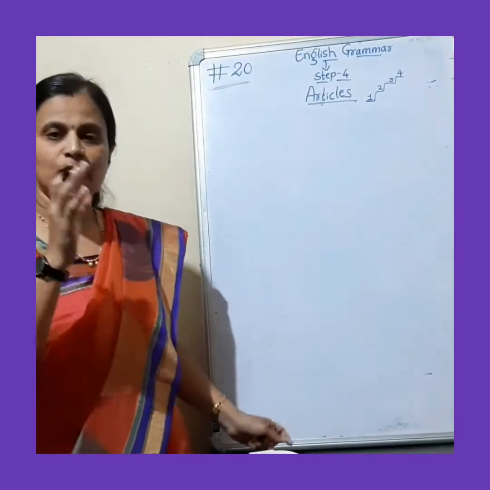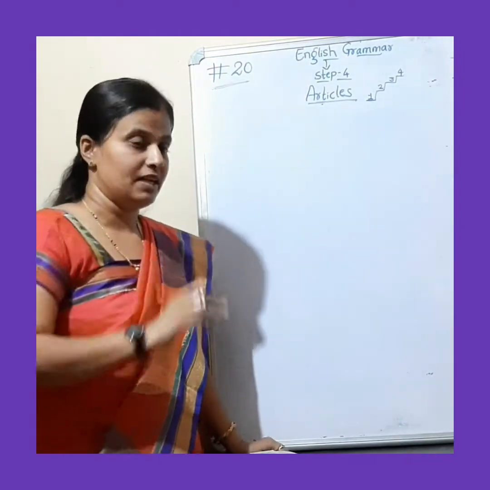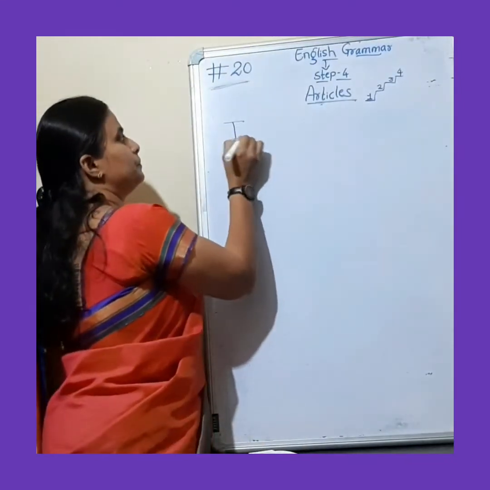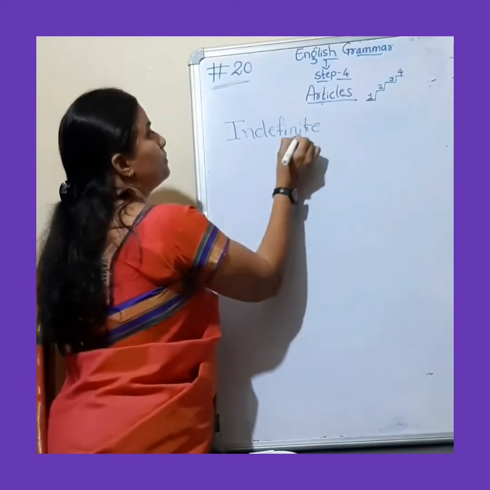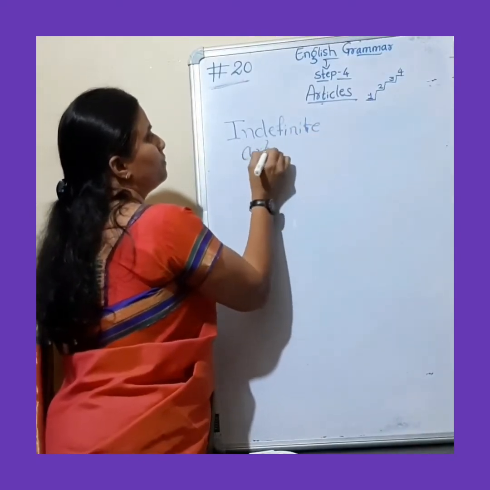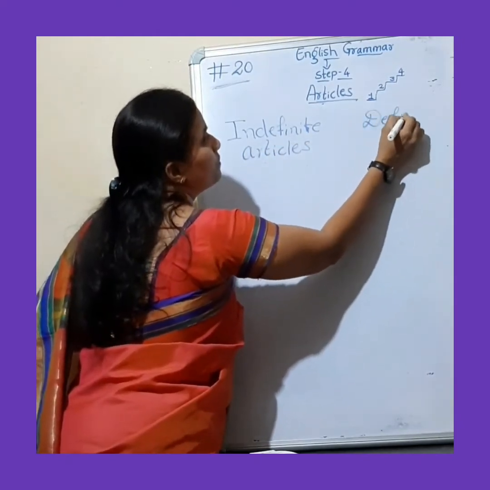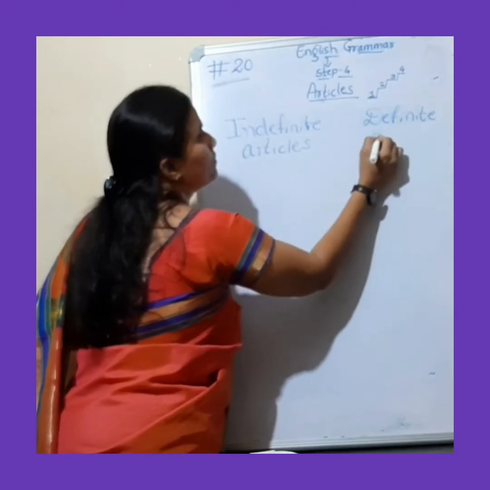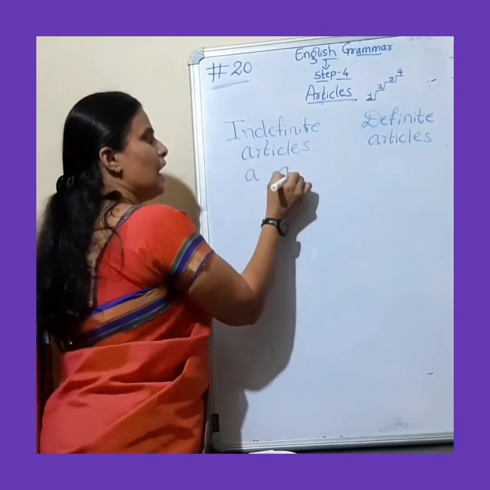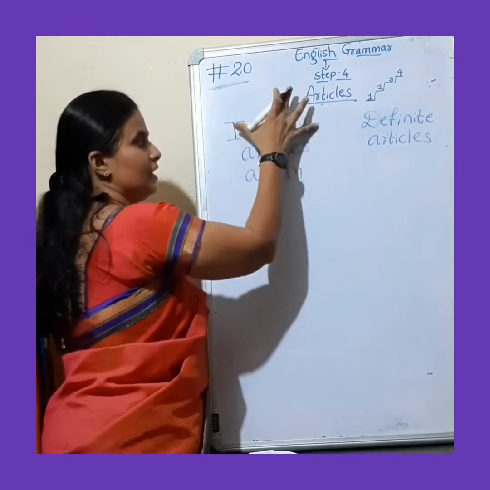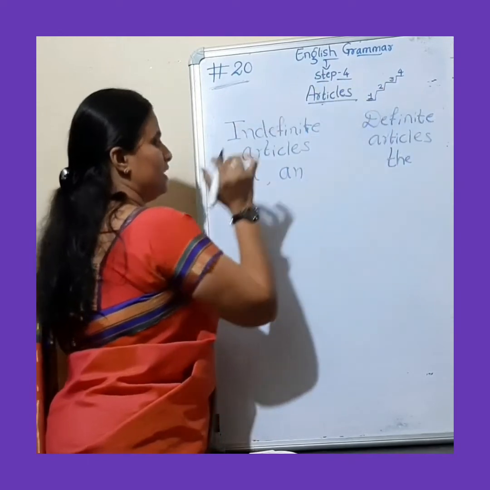These articles are mainly classified into indefinite articles and definite articles. A and an are considered indefinite articles, whereas the is considered a definite article.